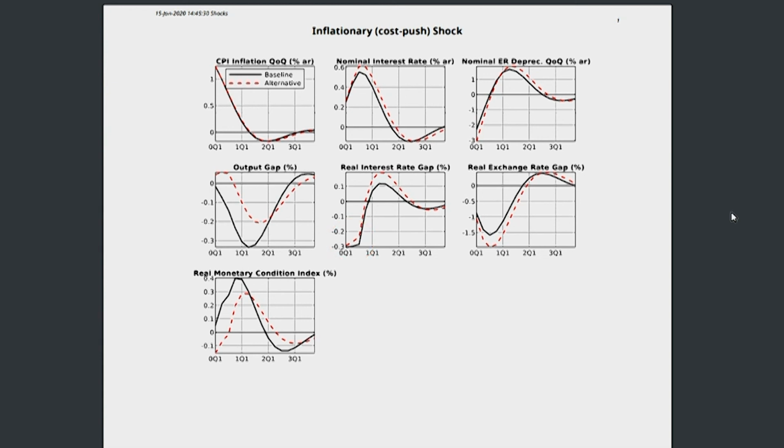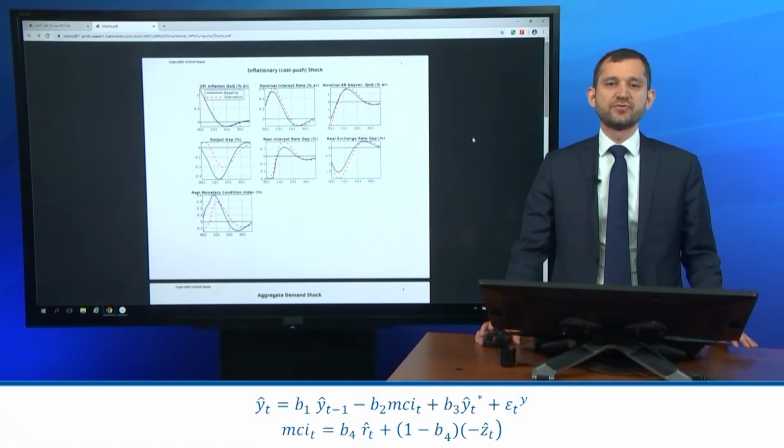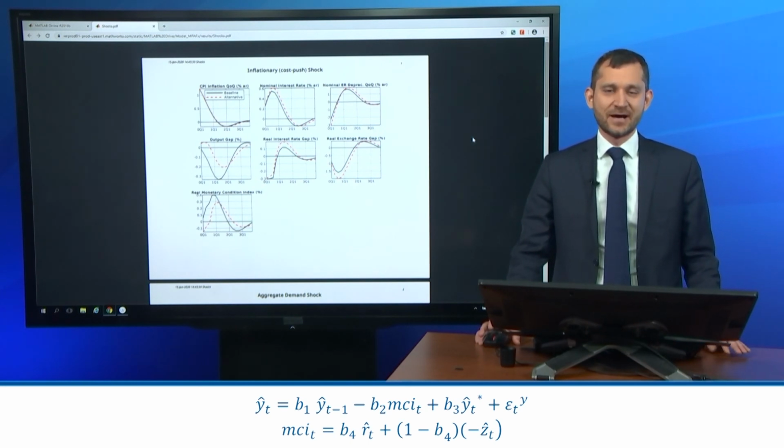The accommodative real interest rate gap outweighs in its effect on aggregate demand the restrictive appreciated real exchange rate gap. And as a result, output gap goes up at the beginning. In this case, the solution would be to revise the balance between the real interest rate and exchange rate gaps in the IS curve.